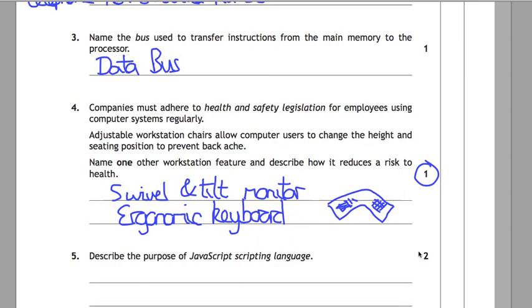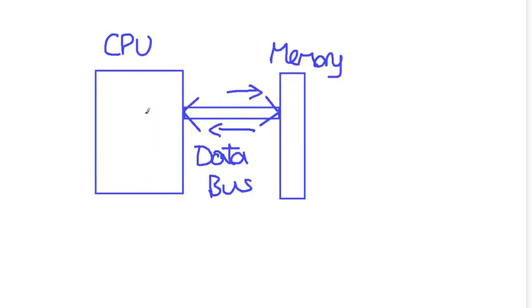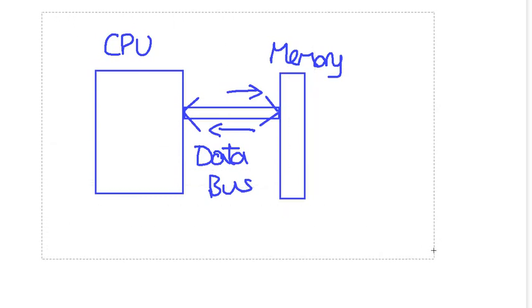Okay, now obviously always have a look to see how many marks. So this one is worth 2 marks. So it's essentially saying describe the purpose of JavaScript, a language. Now JavaScript is used in a lot of websites.